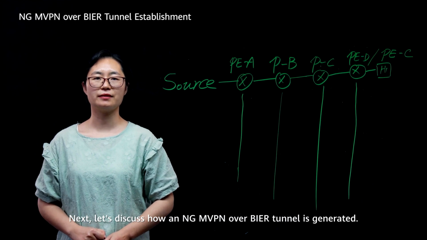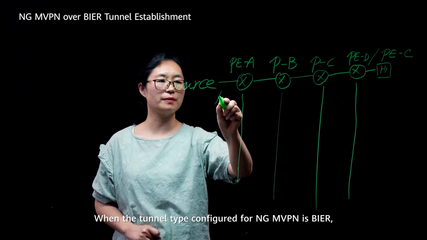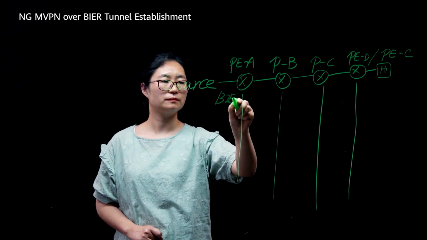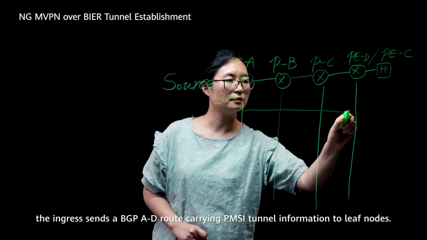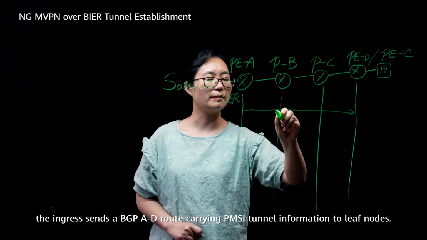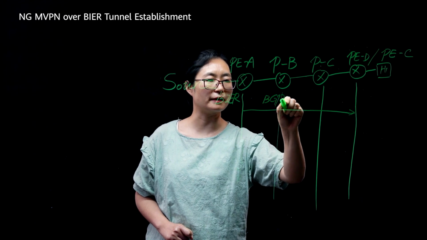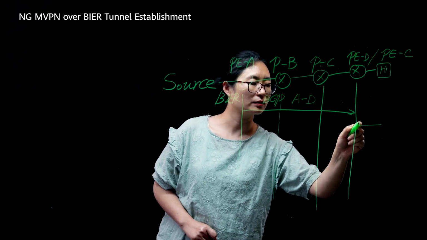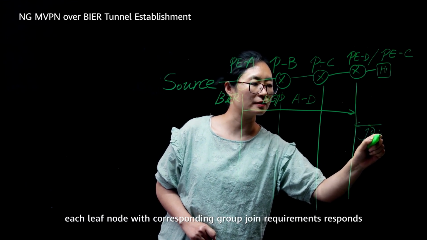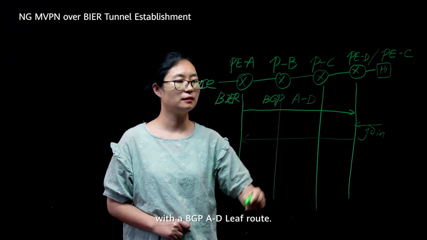Next, let's discuss how an NG MVPN over BIER tunnel is generated. When the tunnel type configured for NG MVPN is BIER, the ingress sends a BGP AD auto-discovery route, carrying PMSI tunnel information to leaf nodes. Upon receiving the route, each leaf node with corresponding group join requirements responds with a BGP AD leaf route.